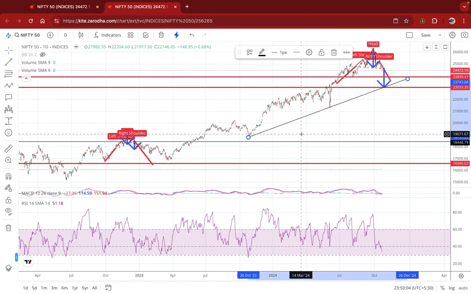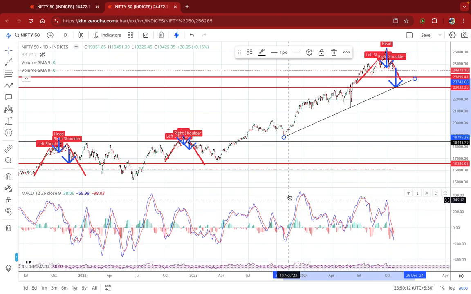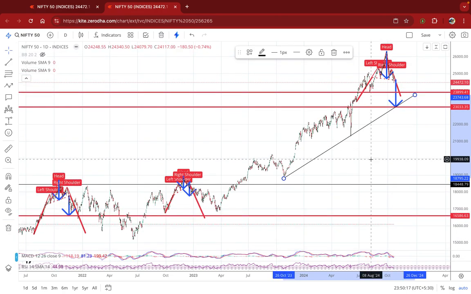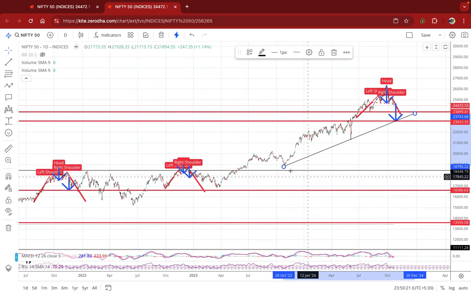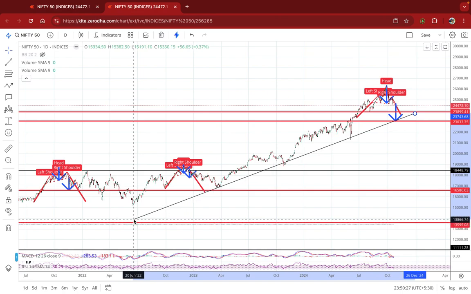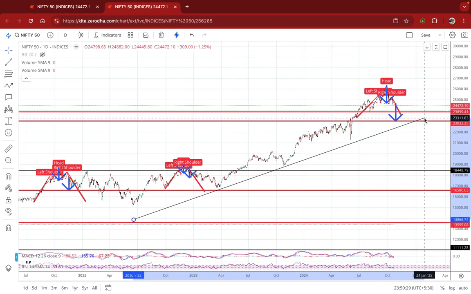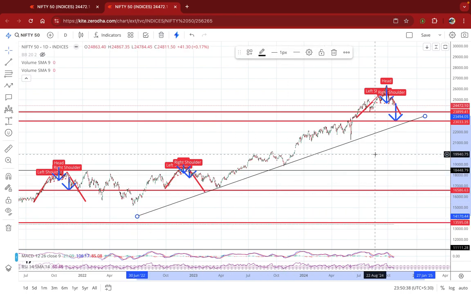Even if I take a longer time frame for drawing a trend line, I get a similar structure once again, a similar kind of support, plus minus, maybe going further up to touch somewhere here. So what we're looking at is a level of 23,000, which looks very likely for Nifty in the future.